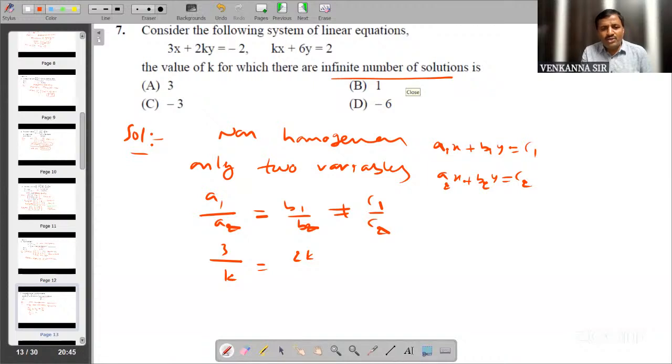For what values of k? Any confusions? Okay. 2k by 6. Yeah, simplify this one here.